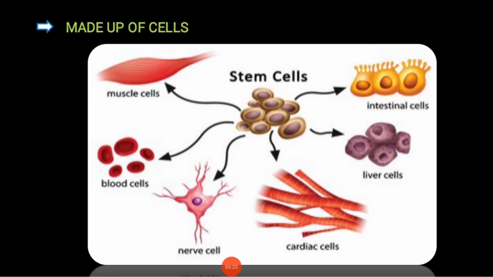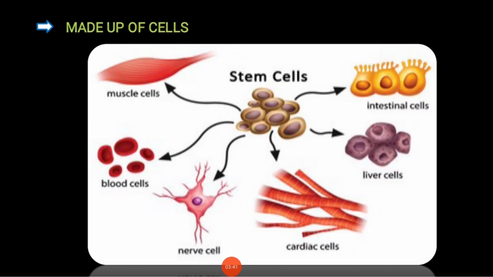The organisms like bacteria, yeast, amoeba are made up of only one cell. They are known as unicellular, while most of the organisms are formed by many cells. They are known as multicellular.